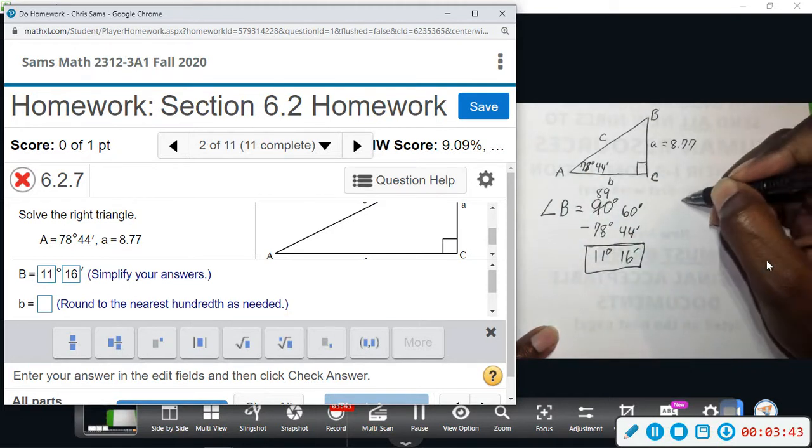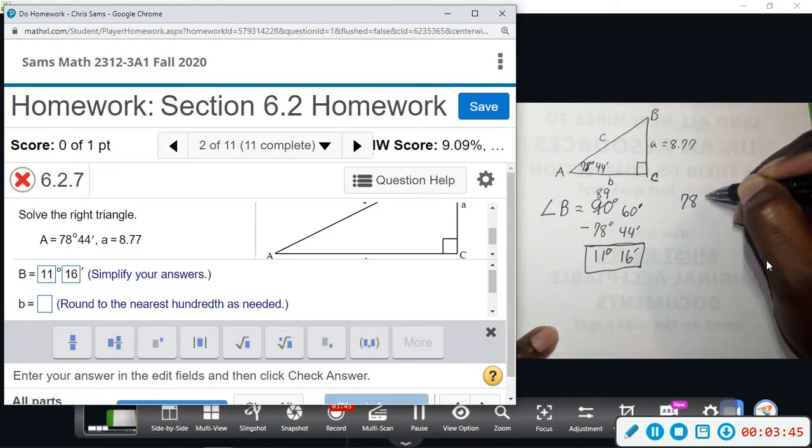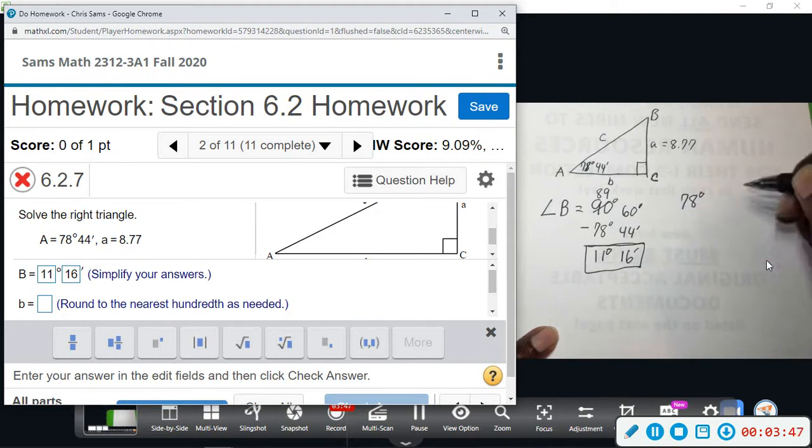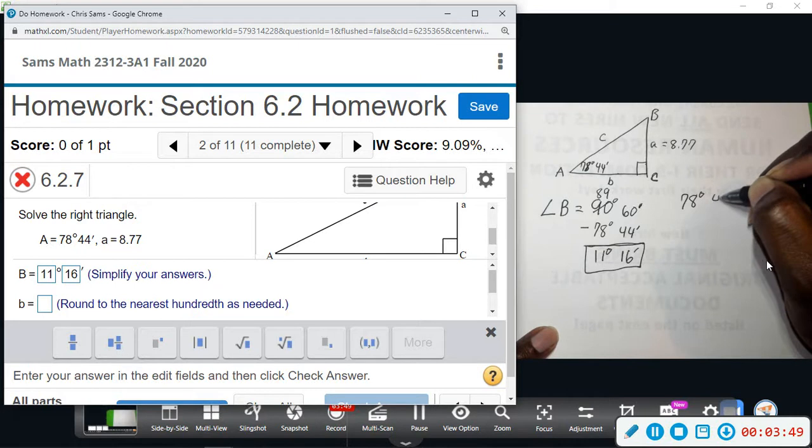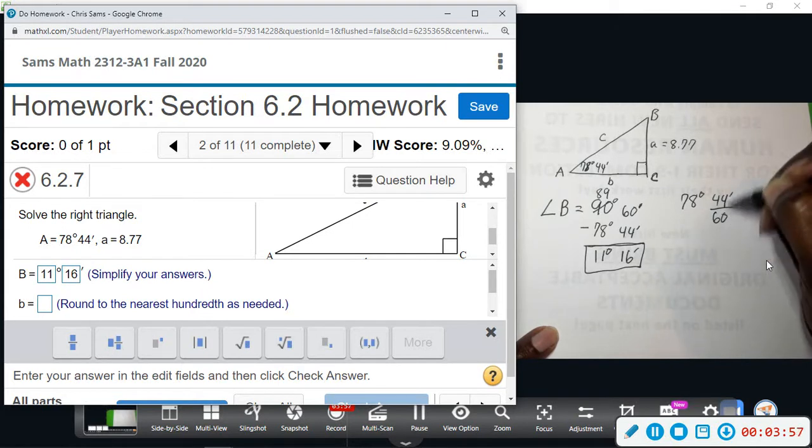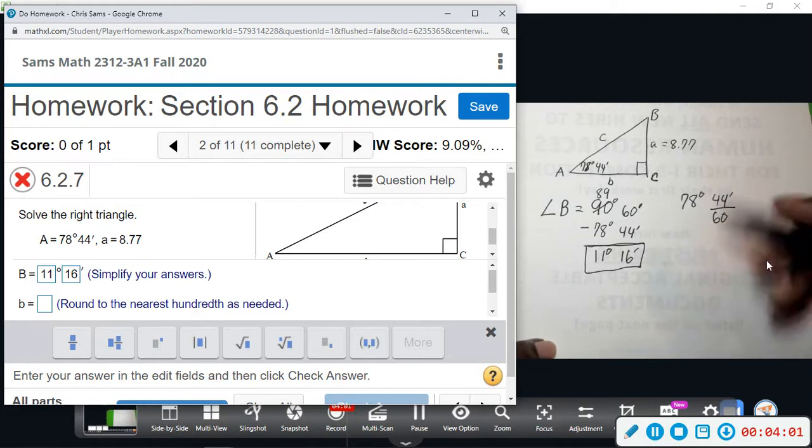So we'll take this 78 degrees, that's the whole number part, and this 44 minutes we divide by 60. Because there's 60 minutes as a whole, we have 44. So what proportion of the hour is this? That's going to give us the decimal form. So we're going to do 44 divided by 60.